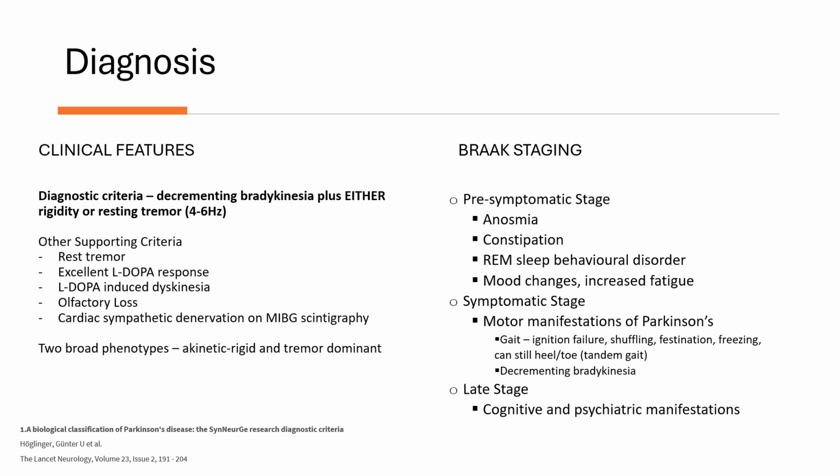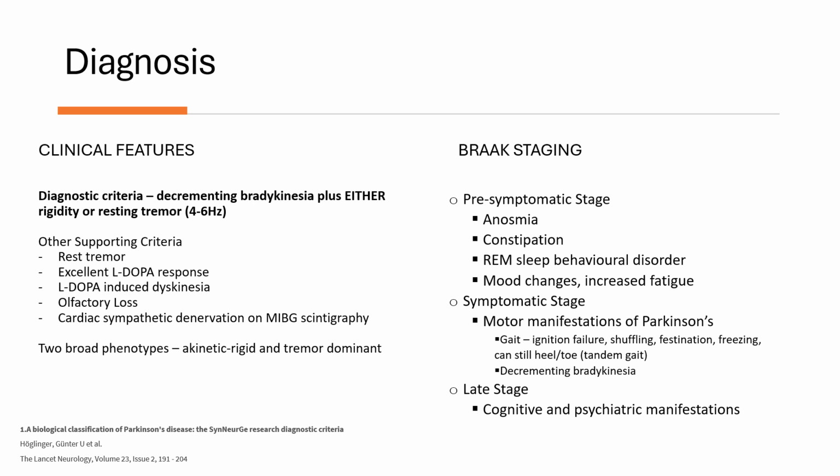Plus you can have either rigidity or resting tremor, and the resting tremor is generally asymmetrical, with a frequency of about 4 to 6 hertz being the definition. You only need one or the other of those, but you definitely have to have bradykinesia. And then there are some supportive features that might help you come to the diagnosis of idiopathic Parkinson's.